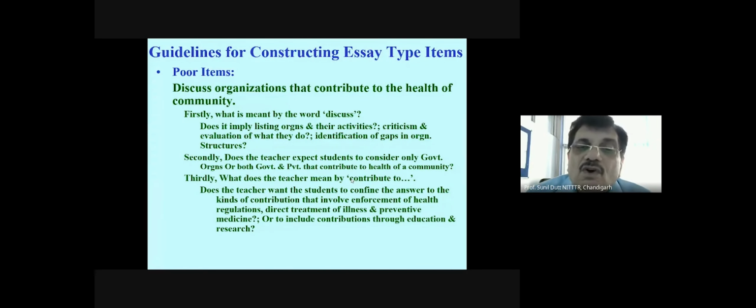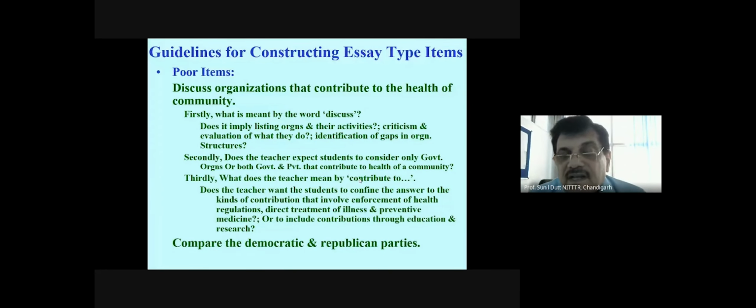Does the teacher want the students to confine the answer to the kind of contribution that involves enforcement of health regulation, direct treatment of illness, preventive medicine, or does the teacher want the student to include contribution through education and research? Not clear.